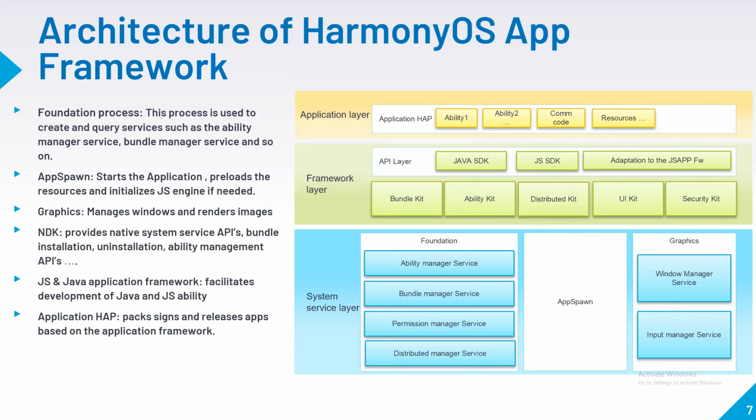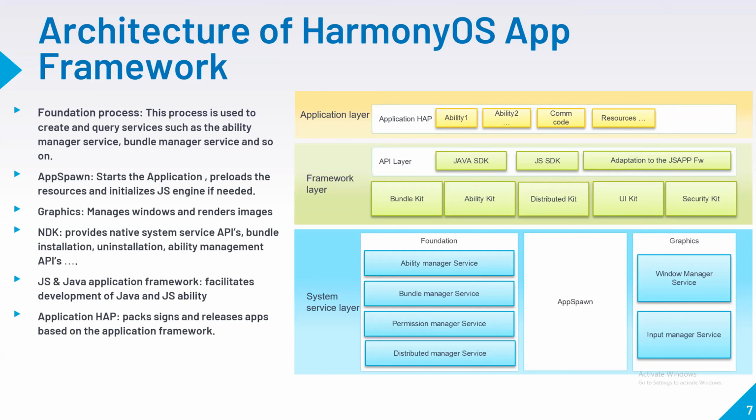These kits are like the services. The bundle kit gives applications the interfaces for querying about the bundle and the ability to access ability information, and the distributed kit is used to start and stop distributed access and to access distributed data.